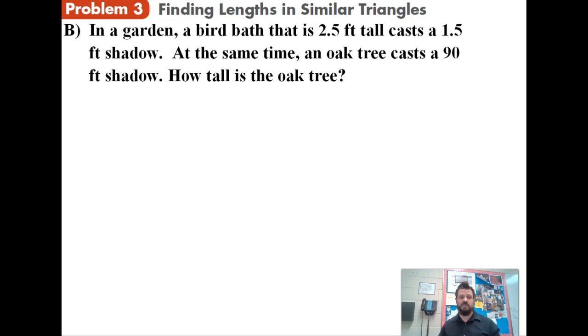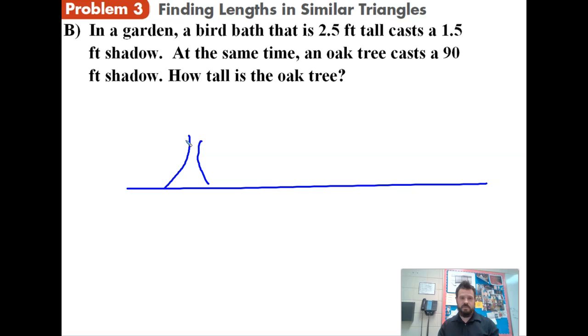Okay, it'd be nice to have a picture for the situation, so let's draw one out. Let's say we have an oak tree. Let's say that's what oak trees look like. Okay, we're not sure how tall, but we know it casts, we'll shade that a little better here, a 90-foot long shadow.